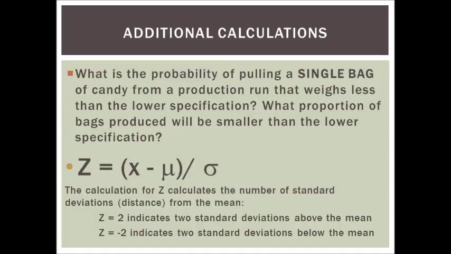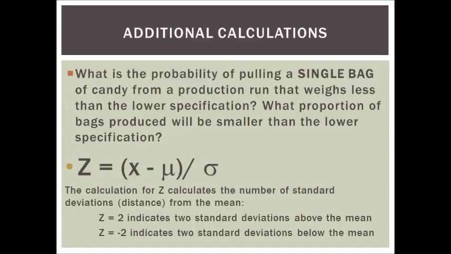So I want you to tell me, if we were to calculate z for our control limits on a control chart, what would the calculation for z be for the upper control limit, and the lower control limit? Now pause the video and see if you can figure this out with your group.